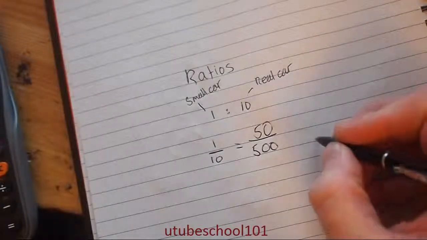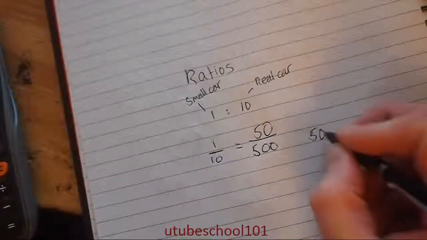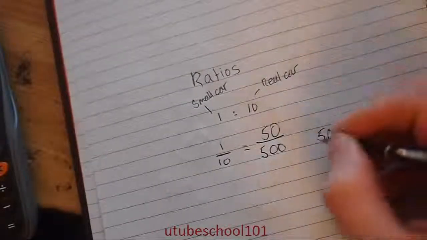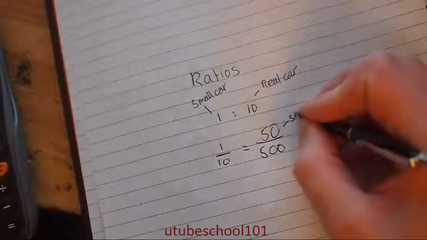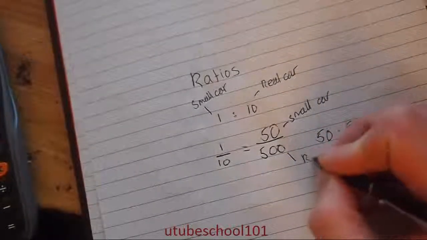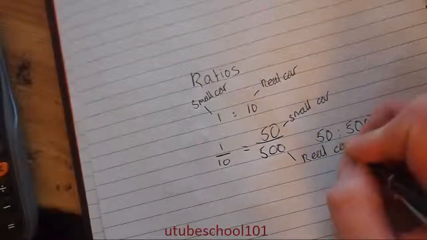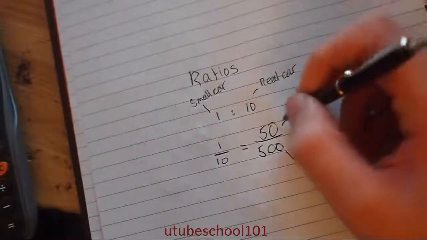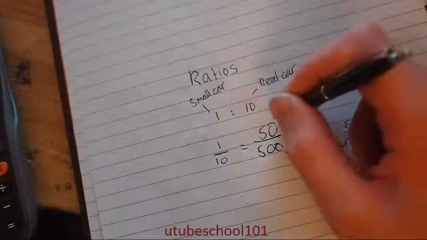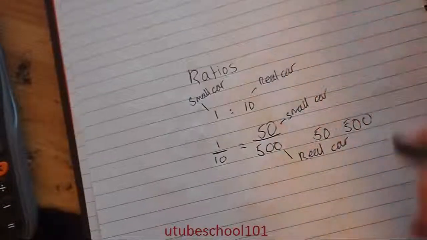So if we write this down as a ratio, we can see that it's the same. So we can see here's a small car and here's the real car. So if a real car was 500 centimeters long, the toy car would be 50 centimeters long.